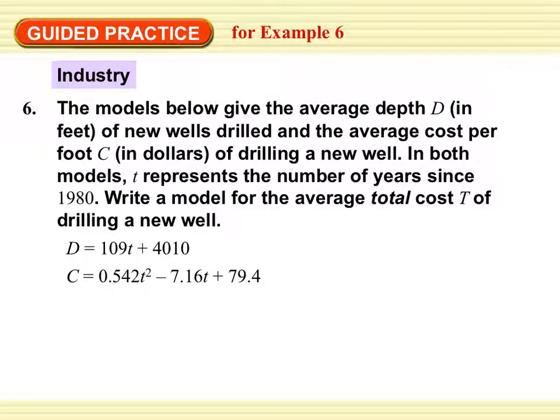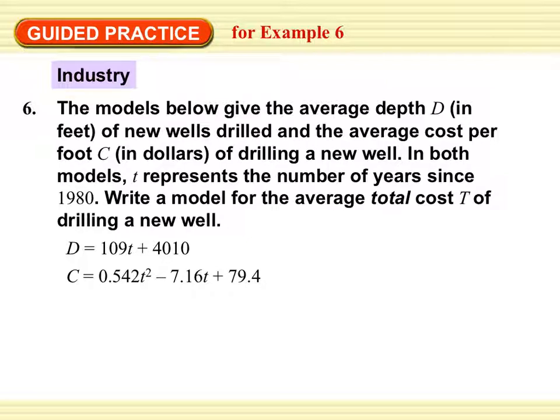So the model below gives the average depth D in feet of new wells drilled and the average cost per foot C in dollars of drilling a new well. In both models, T represents the number of years since 1980. Write a model for the average total cost of drilling a new well.